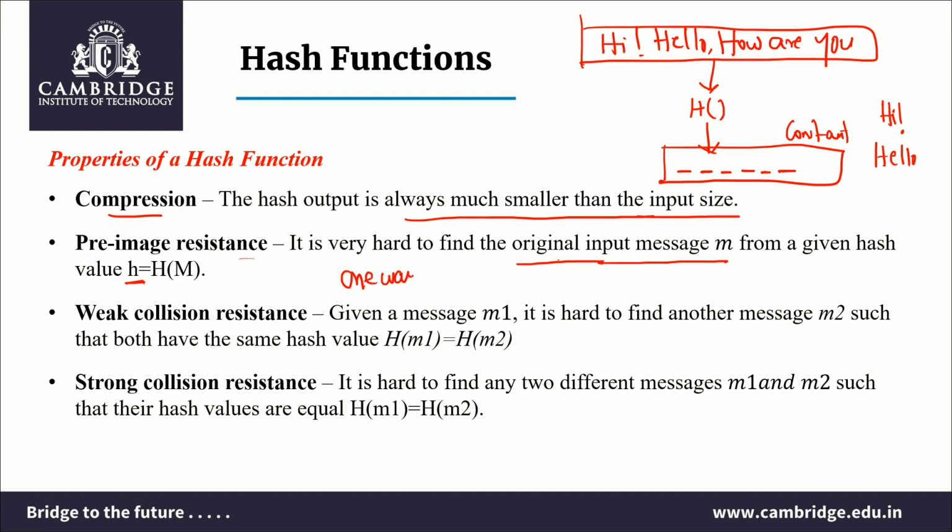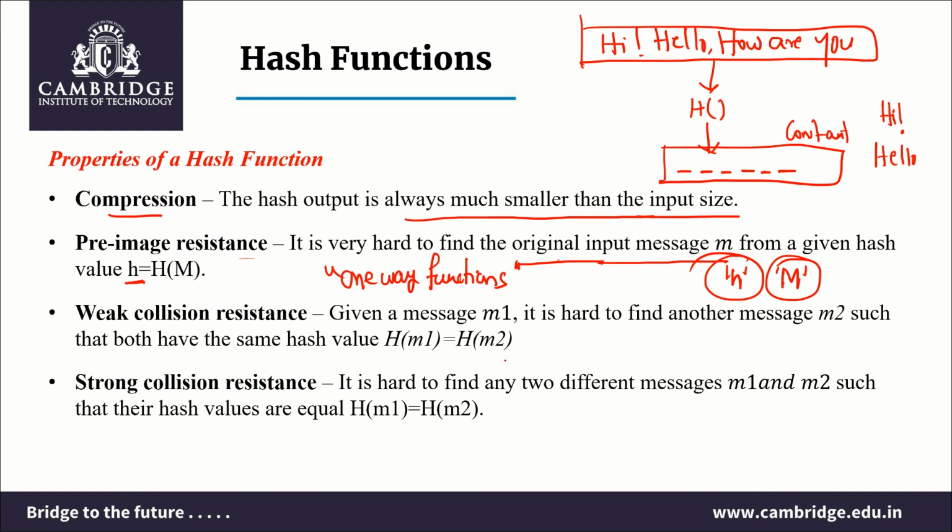We also call these trapdoor functions. With a one-way function, you can obtain only h from m. From h, it is difficult to obtain m. Here h is the hash value and m is the message. Next, weak collision resistance and strong collision resistance. What are these two properties?